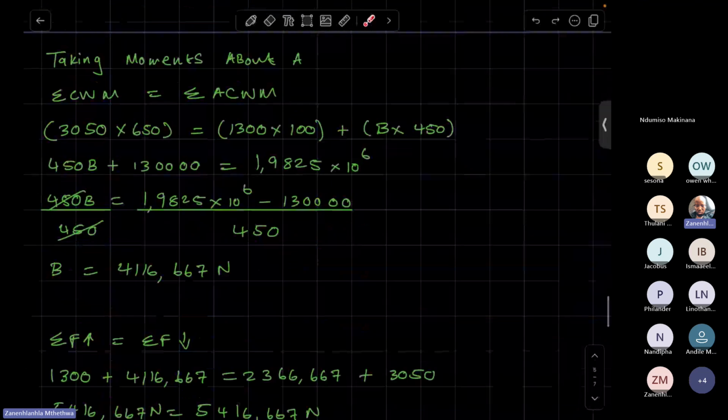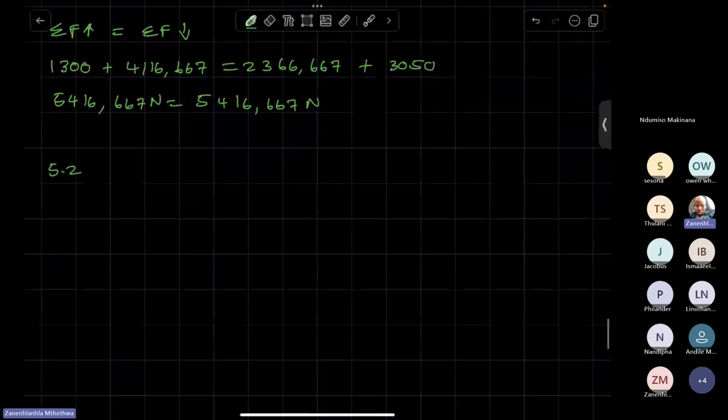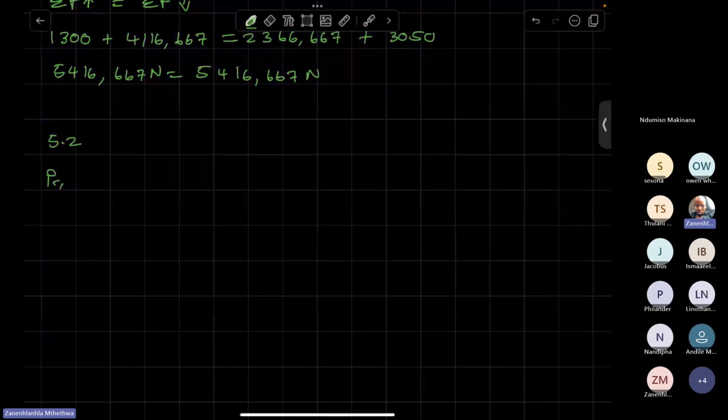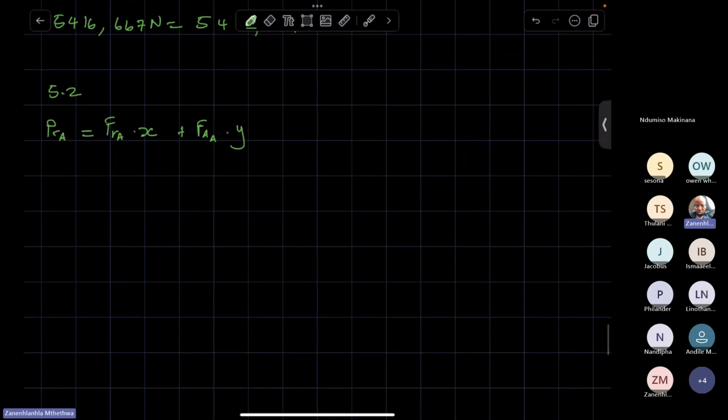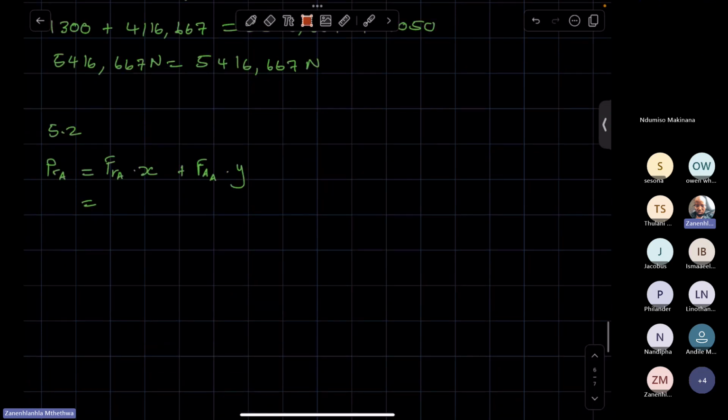So calculating PR for each bearing, we'll first calculate for bearing A. This is equal to FR, the radial support at A, times its factor X, plus the axial support at A times its factor.